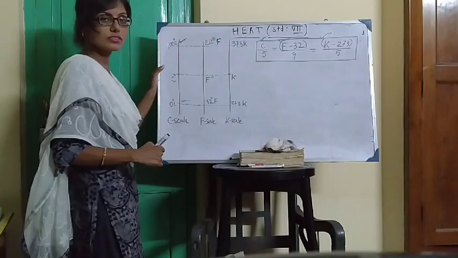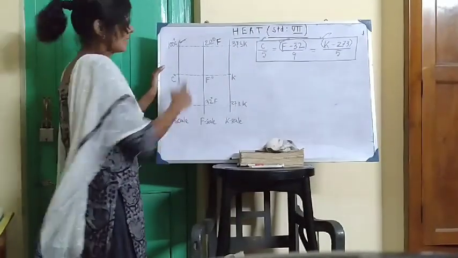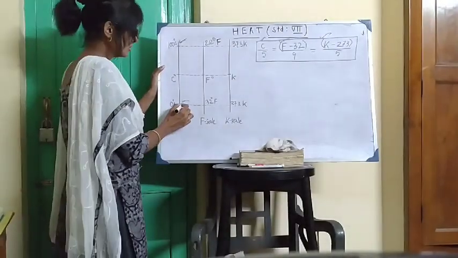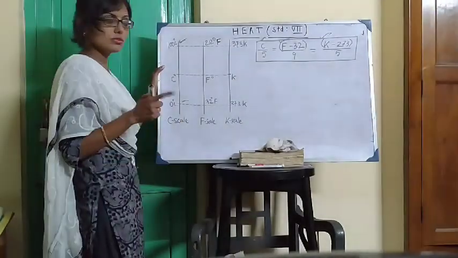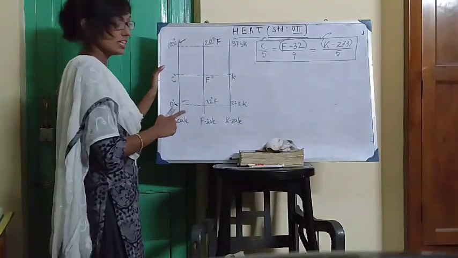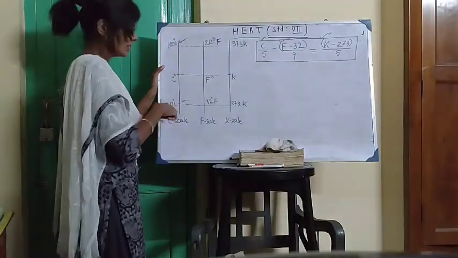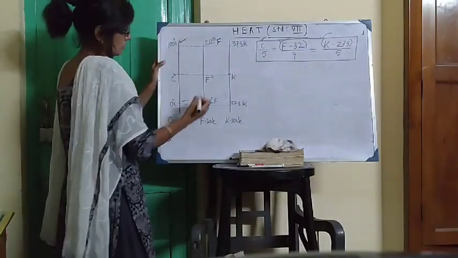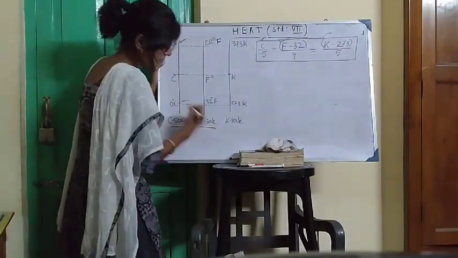Freezing point of water is called the ice point, and boiling point of water is called the steam point. So 0 degree centigrade is also known as the ice point of the temperature scale. Clear?